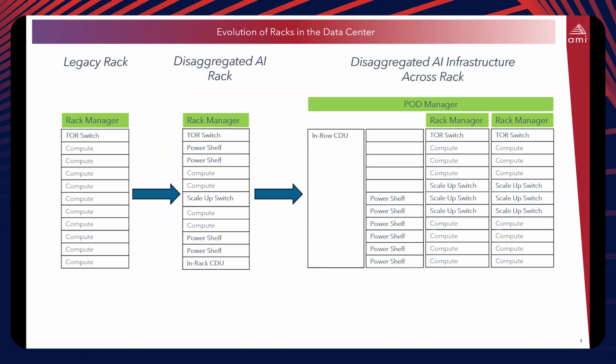And let's see the evolution of the racks. Starting with legacy, you have top of rack switch and compute nodes. Currently it has evolved into disaggregated AI racks, with components like top of rack switch, PowerShelf, compute nodes, scale-up switches, and in-rack or side-rack CDU.